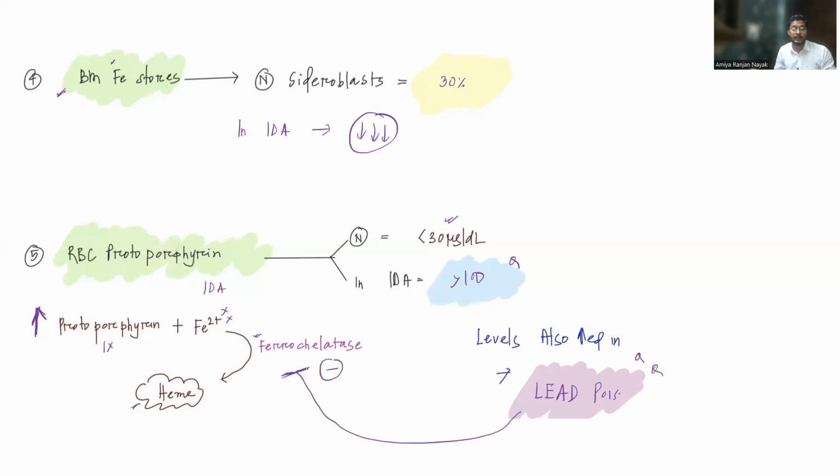If you inhibit the ferrochelatase, this combination of protoporphyrin and iron cannot happen, so there will be accumulation of protoporphyrin inside the RBCs. So the red cell protoporphyrin level can be increased in iron deficiency anemia, and it is also increased in lead poisoning. It's a very important question.